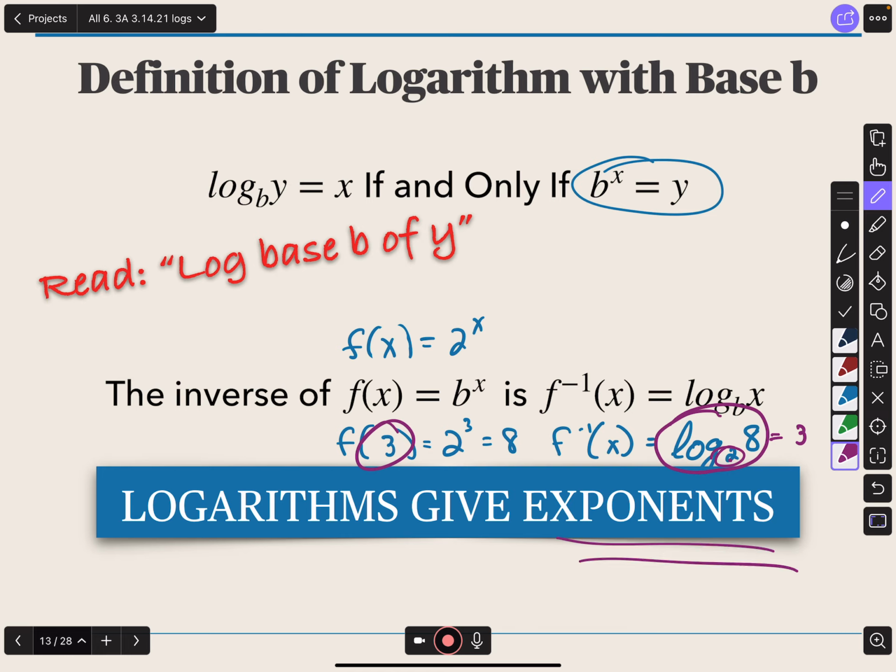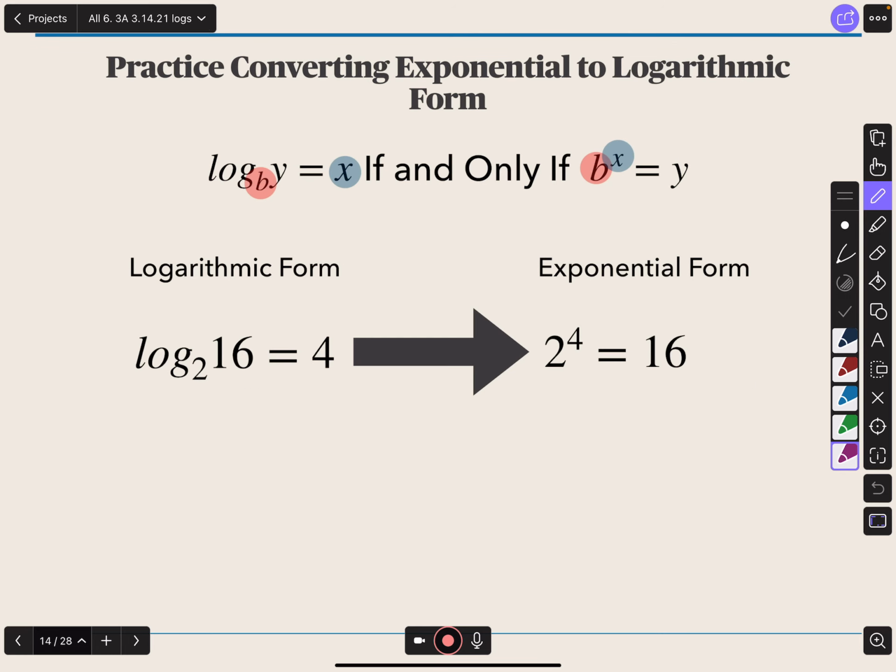Now this is obviously very confusing at the very beginning, so the first thing we do is we just practice jumping back from these equations in log form into exponential form. Now it really helps, first of all, to make sure we read this right.